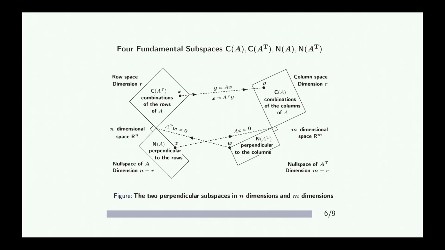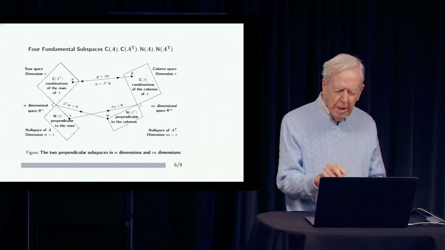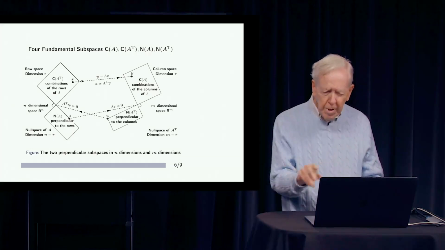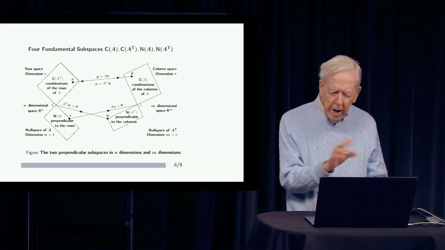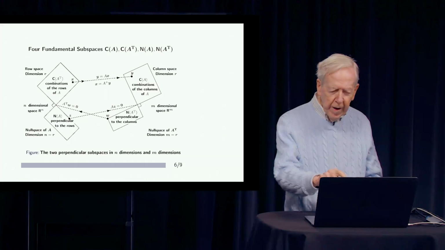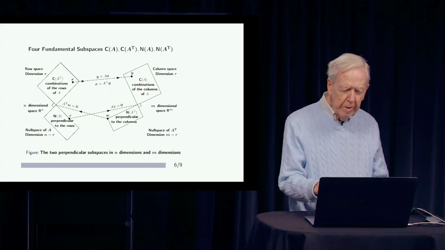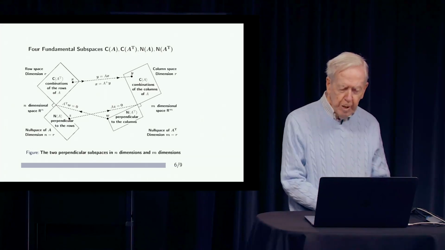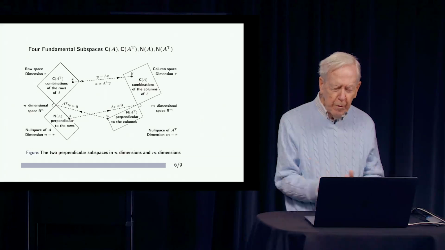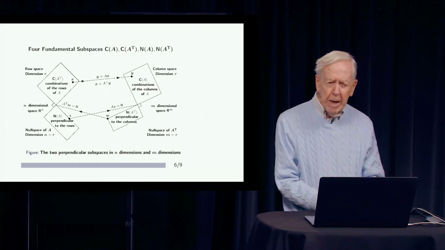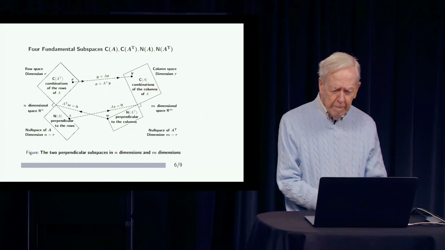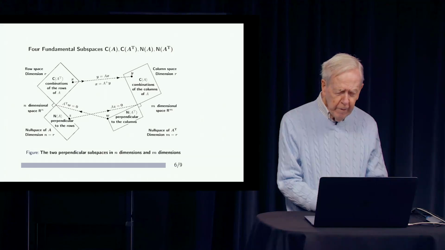And this is the beautiful fact, that same R is the number of independent rows. You remember this matrix had just 2 rows, and they were independent, so the rank is 2. We can find the rank from the column space, or we can find the rank from the row space. And the beautiful bit of mathematics is that the number of vectors you need is the same.